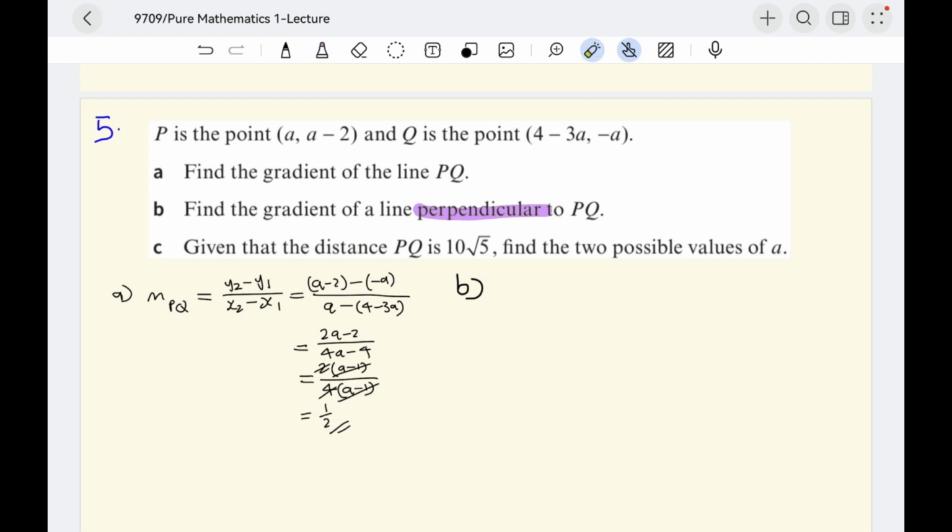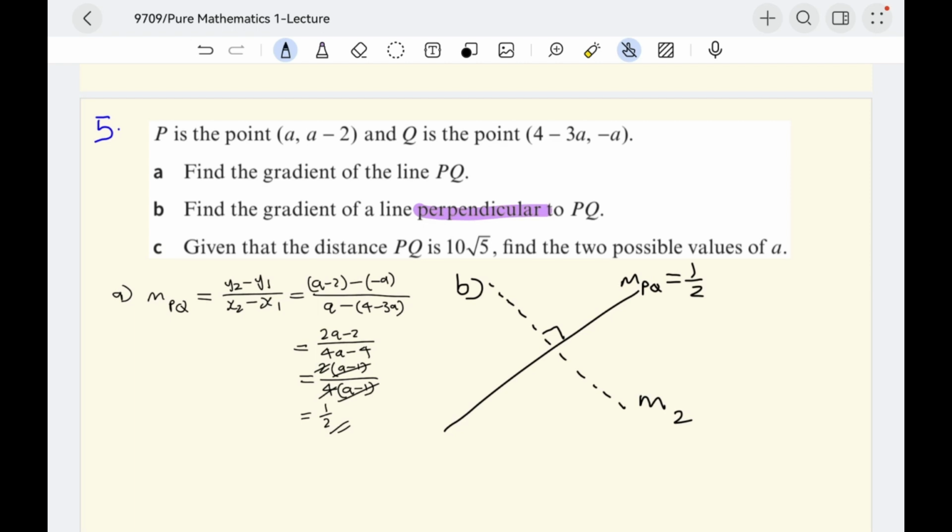The line PQ is totally different from a line perpendicular to PQ. Since the gradient of PQ is 1 over 2, a positive gradient, here is PQ, and here is your perpendicular line. Let me label it as M2, at 90 degrees.